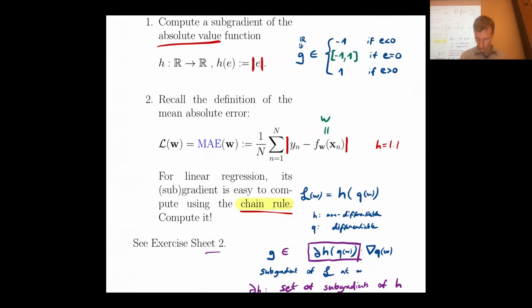The prediction is just X times W, which is obviously easy to differentiate, and it's differentiable everywhere. That's your inner function, the Q. And then you have the outer function, the absolute value.